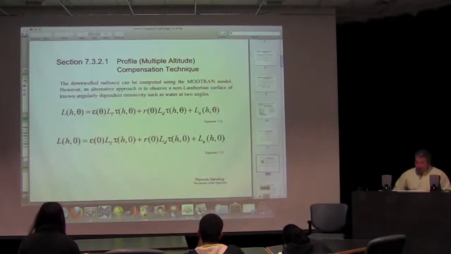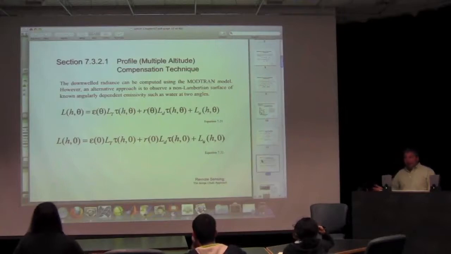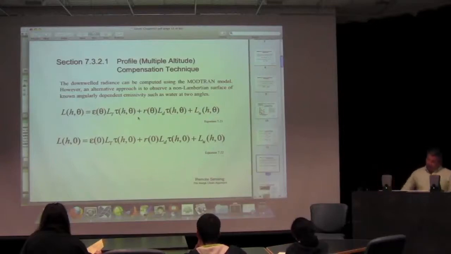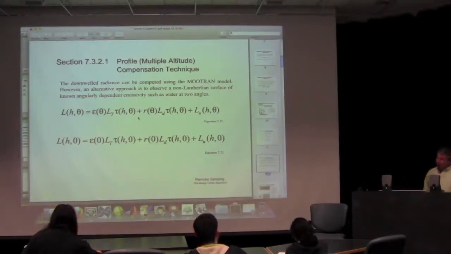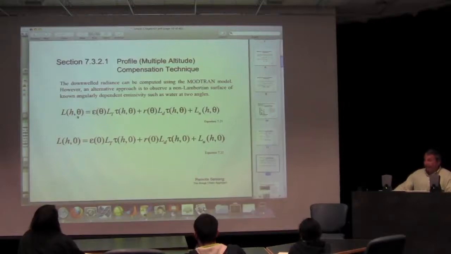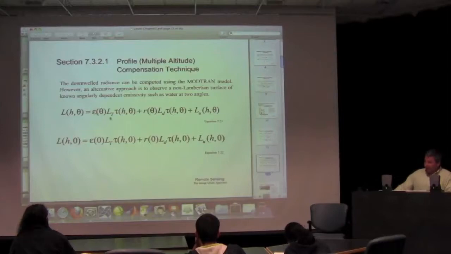All right. Now, we have tau, we have LU, we don't have LD. Okay? So LD is the next thing we want to try and come up with. All right, so work with me here for 1 sec. Let me write out 2 equations. If I observe a target from off nadir, so at some height and some angle, and I look at a target on the ground, I know its emissivity is a function of angle, so I have epsilon sub theta there.